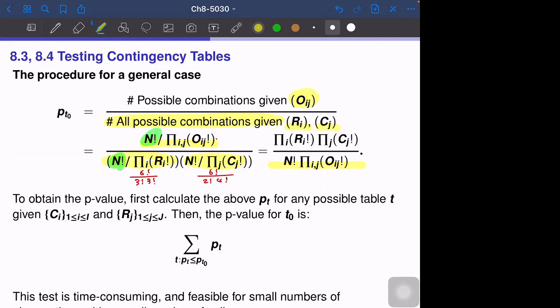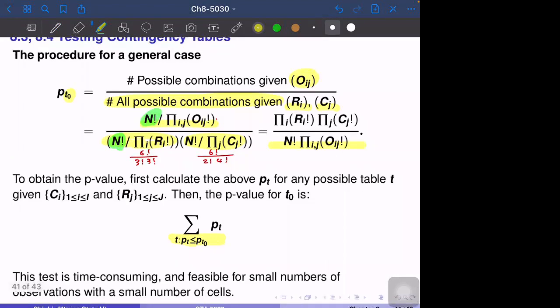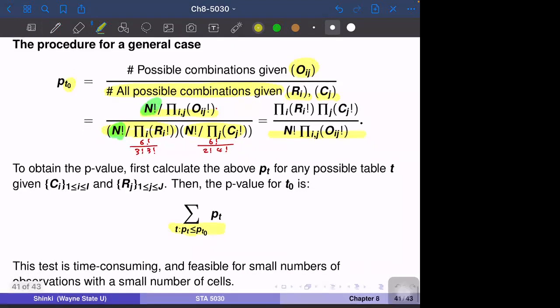Then we sum up all probabilities which are more extreme than the T0. Then we can calculate the p-value. So this is how Fisher's exact test is implemented.